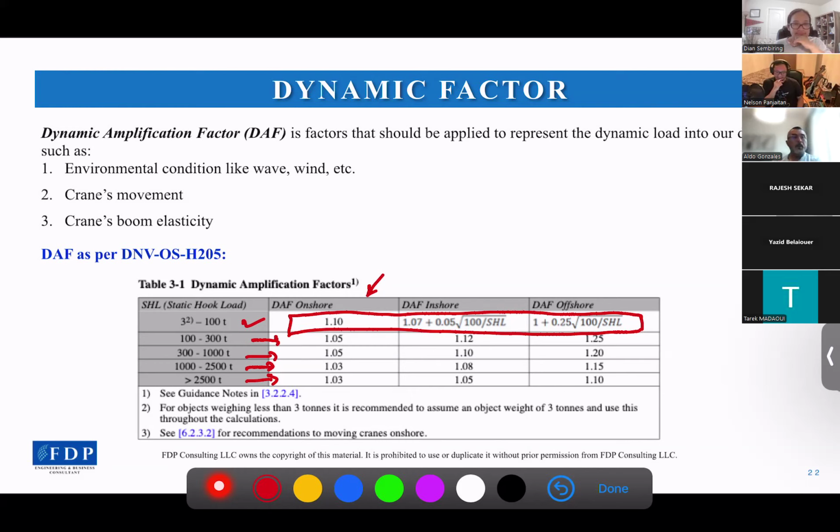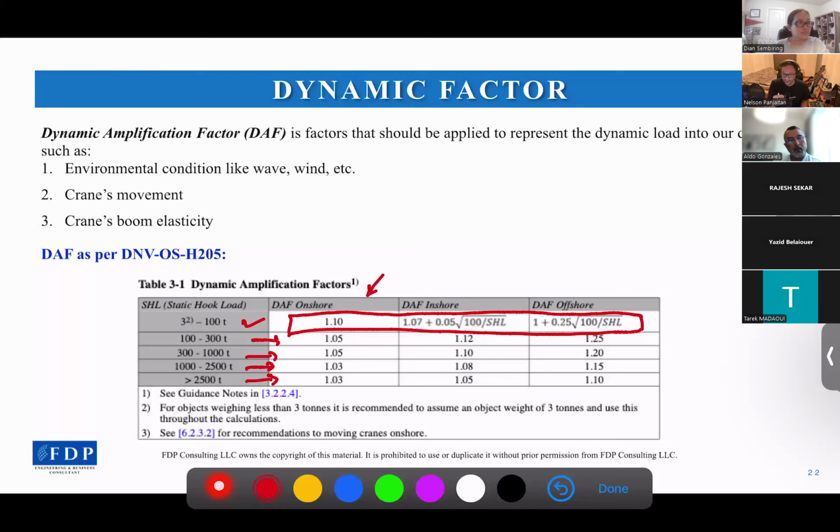That's why I mentioned before that we will not go into detail about the dynamic load, because there is another way to calculate the dynamic load in lifting operation. We can calculate it based on the height of the wave and the response of the structure, or the base of the barge, to the crane movement.